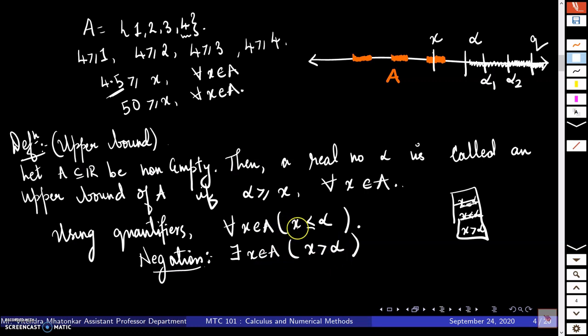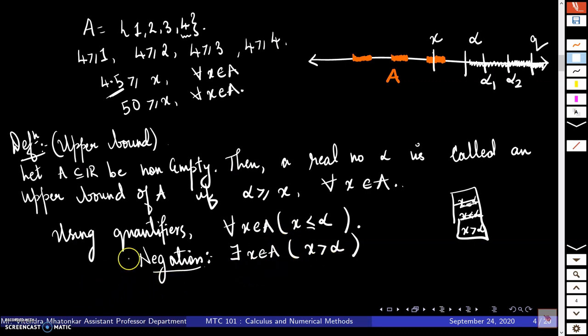So the negation of this statement is this one. When I say that alpha is not an upper bound of the set A, what I mean is, I can find one point x in A which is bigger than alpha. That's the negation of the statement using quantifiers.